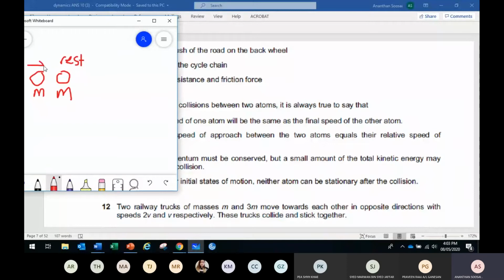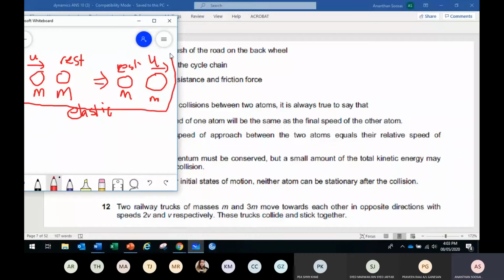If the first body is incoming with initial velocity u, and this is an elastic collision, what happens? The first body will immediately come to rest, and the second body will move with the same velocity as the first body. This is a special case.